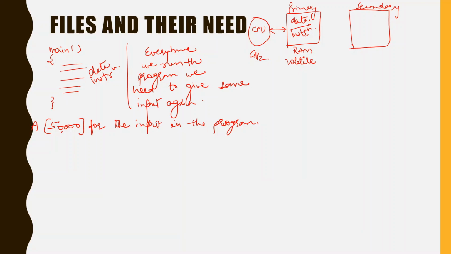One of the methods in C programming is to store the input data inside some files, and whenever the program runs, bring that data from the files to the primary memory, and when the process completes, store the latest data back to the secondary memory.